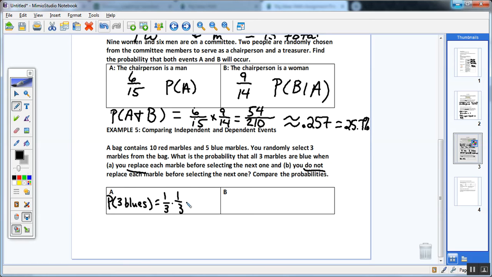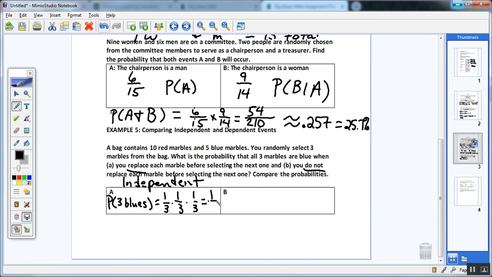Give me 1/3, right? So it's 1/27. So it's going to be a 1 in 27 chance, right? Yes, sir. So the probability of 3 blues, given that event A is what kind of event? Independent. Because you were drawing from the same exact set of marbles each time. This turned out to be 1/27th.